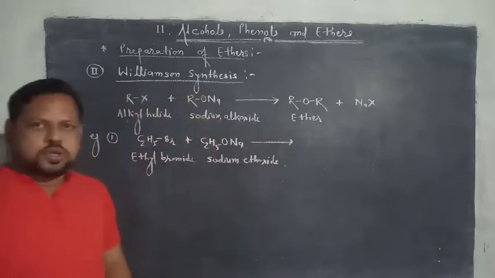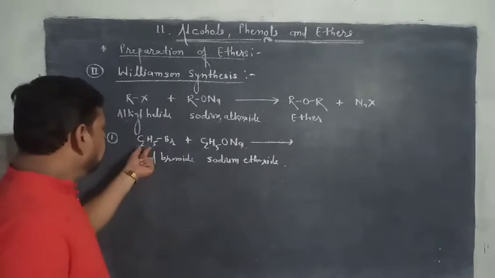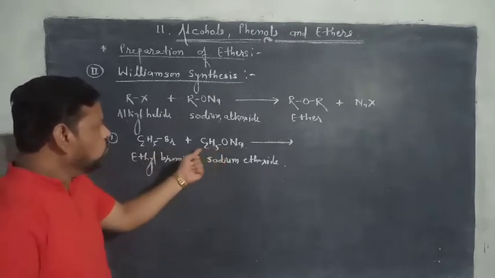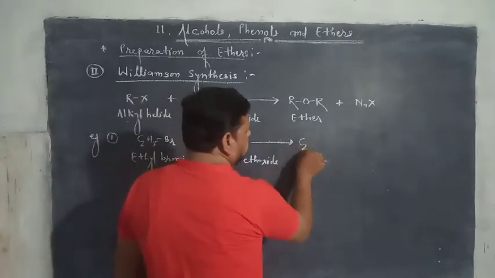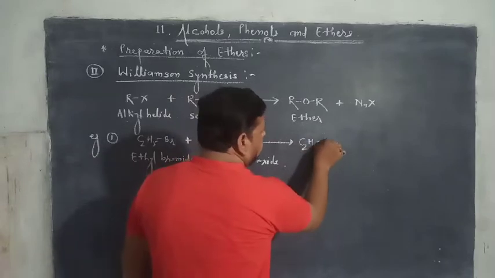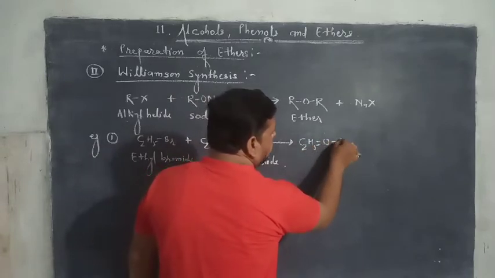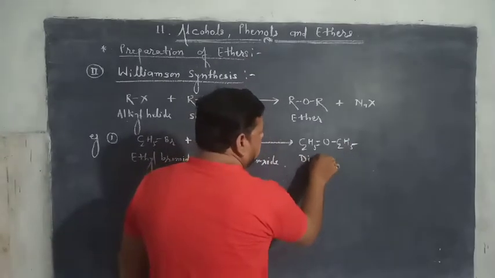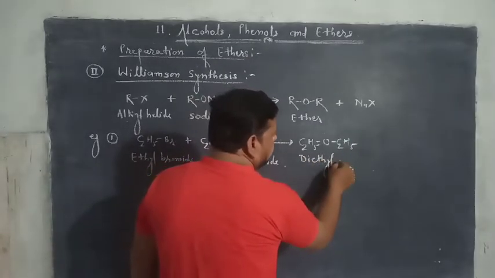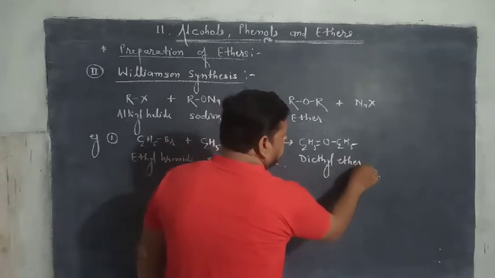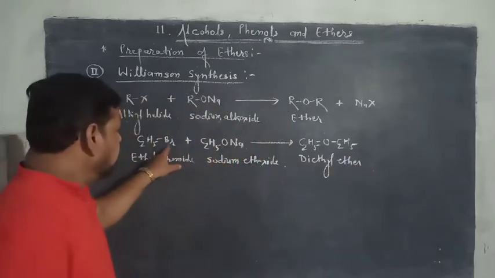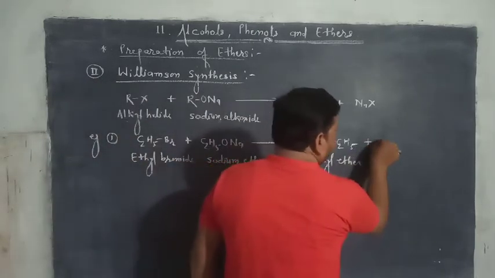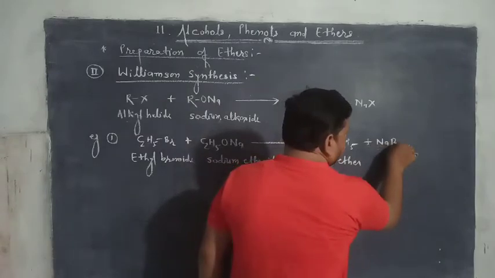It gives, see here, C2H5OC2H5, that is diethyl ether, and NaBr, sodium bromide.